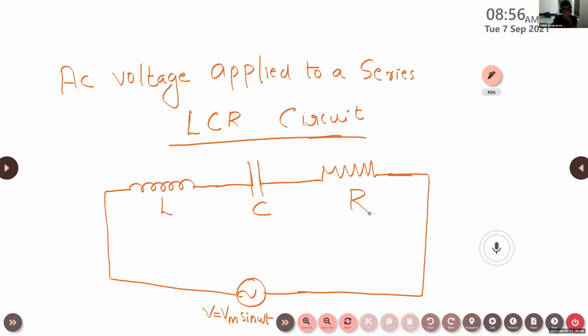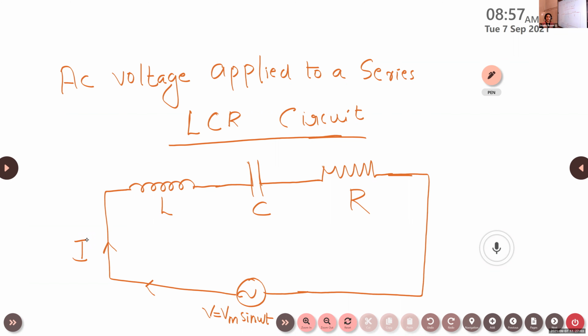Current is the same. Very good. Whenever an alternating source of EMF is connected to the circuit, the current passing through all the electrical components will be the same. The same current I is passing through the inductor, capacitor, and resistor.